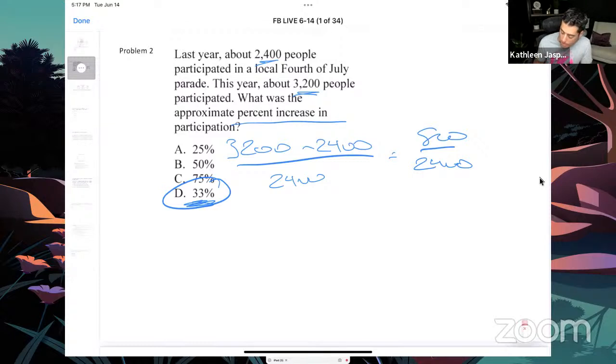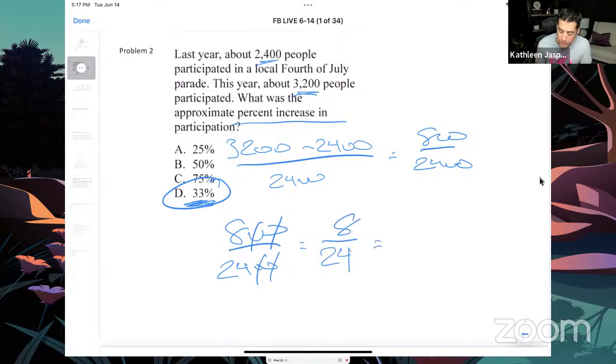Let me draw this a little better. 800 over 2,400. Anything with zeros, a 0 will cancel each other out. We're now left with 8 over 24. If we go ahead and see, can we take a factor of 8 out of 24, and you can take 8 out of 24.